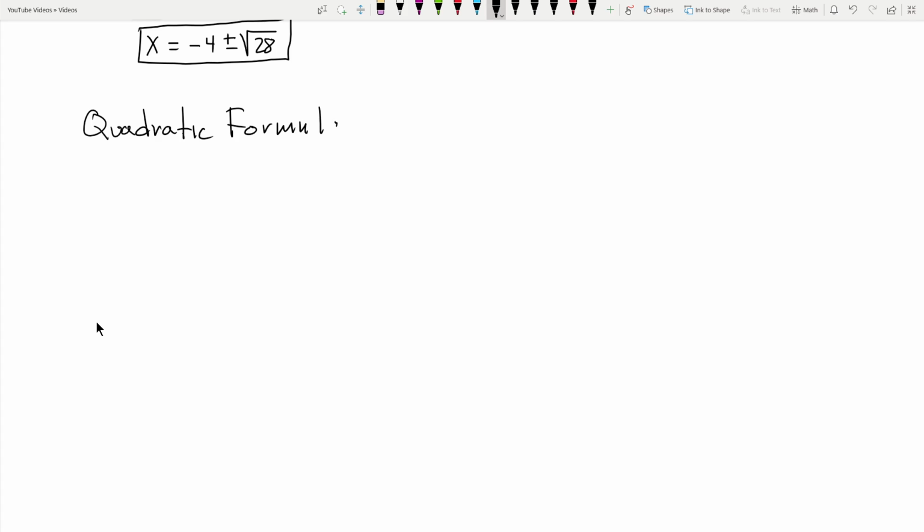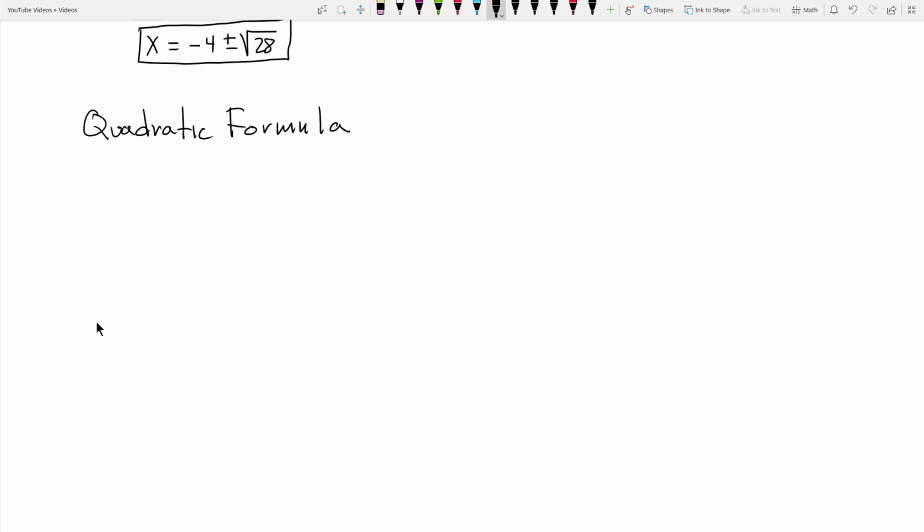And the quadratic formula, I have a video, I will link to the video also in the description of this video, where I derive the quadratic formula, so you can see where it comes from.